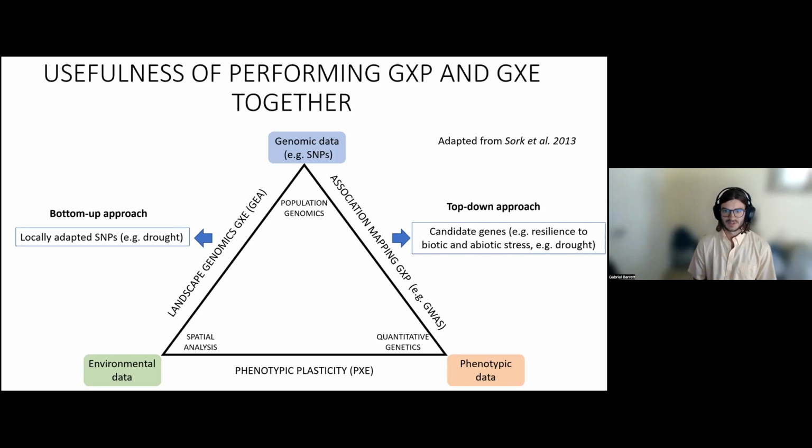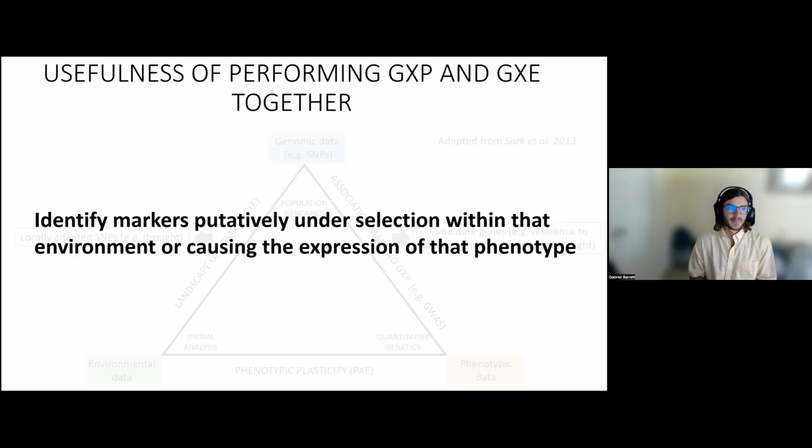The second type of study was genome-wide association, a top-down approach, where we know the phenotypes and want to explore the molecular mechanisms causing these patterns. There are a plethora of other mechanisms, like phenotypic plasticity, that we won't get into today, but surely play a role in local adaptation. And in summary, these approaches want to identify markers under selection within that environment that are causing expression of that phenotype.